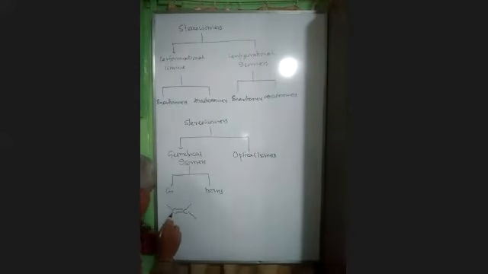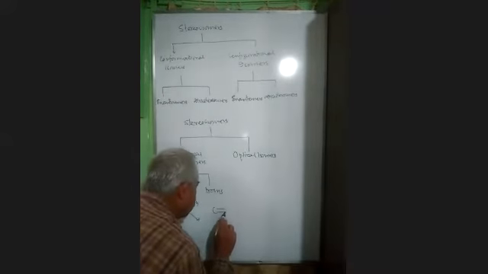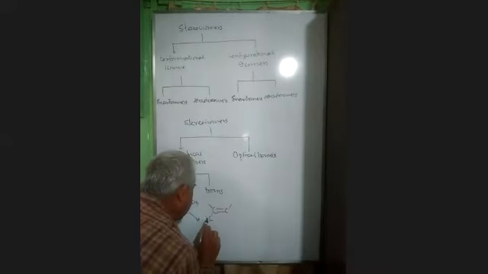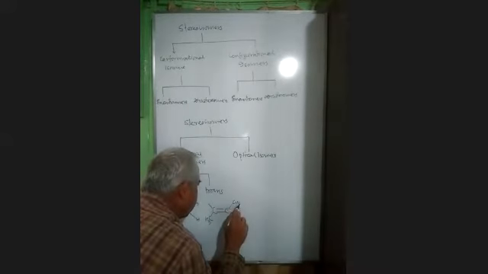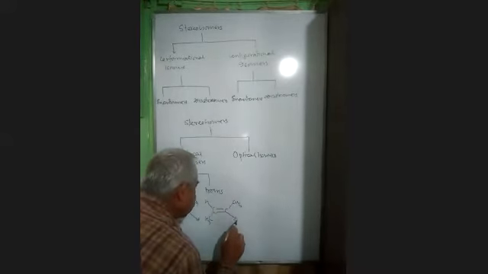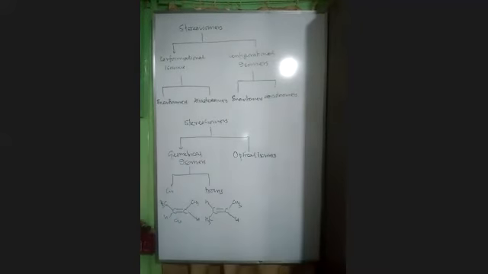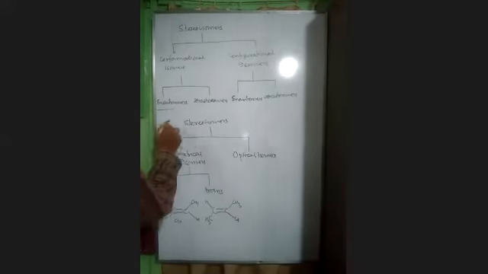If the larger groups are on the same side, we call it cis. And if the larger groups are on the opposite side, they are called trans. Right. This is the actual one, and this is given in your book, right?